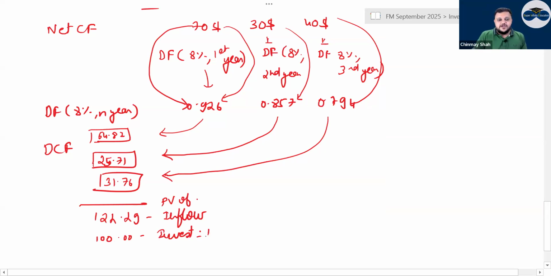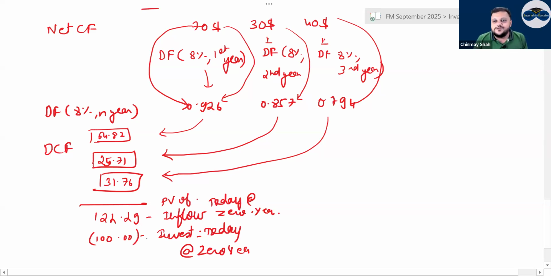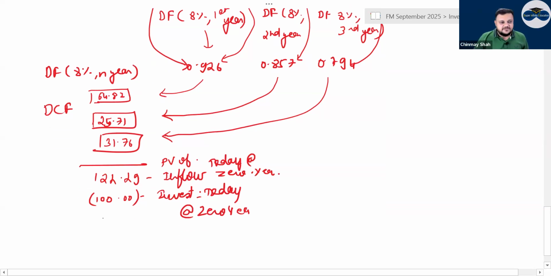See, this investment is today, at 0 year, right? The present value of inflow is also today at 0 year. So if you have to invest 100 and you get a value of 122.29, the future cash flows pulled back, tell me, what is the net present value? 22.29.